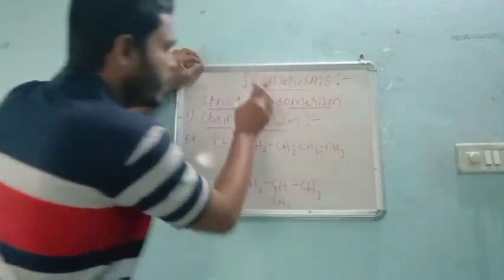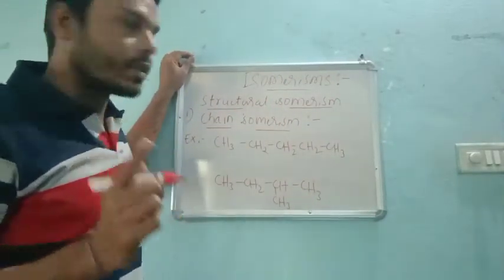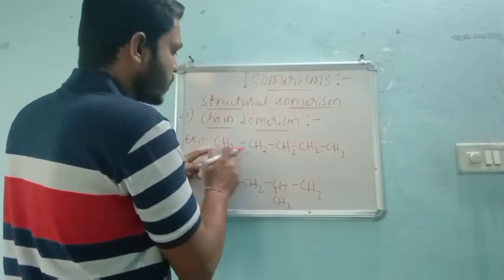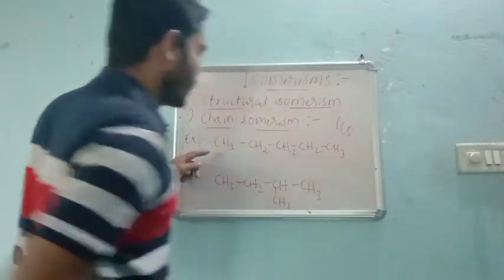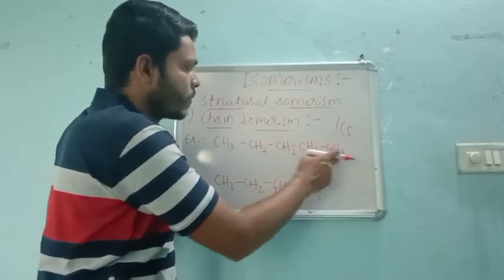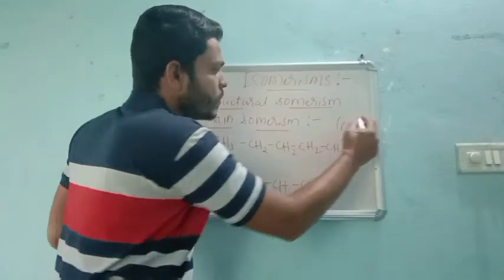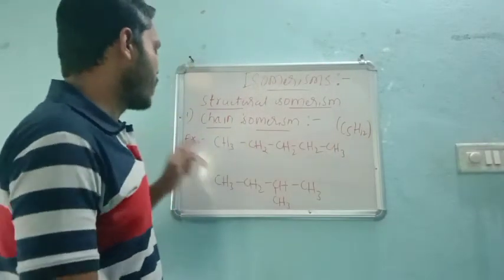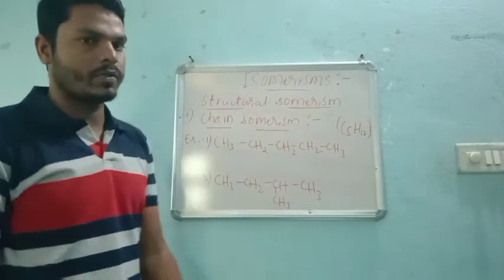To be isomers, the compounds must have the same molecular formula. First we count the carbons: 1, 2, 3, 4, and 5. So 5 carbons. Now count the hydrogens: 3 plus 2 is 5, 5 plus 2 is 7, 7 plus 3 is 10, then 10 plus 2 is 12. So the molecular formula of the first one is C5H12.